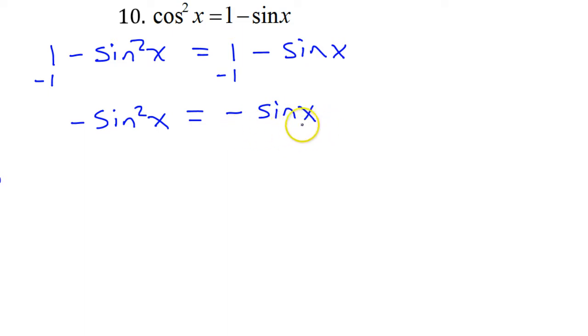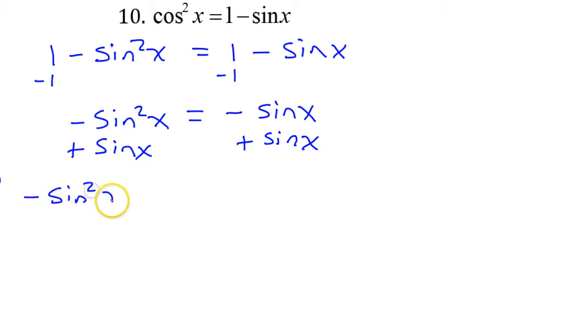Sine x will sometimes be 0, and you're not allowed to divide by 0. It destroys the universe. Instead, let us add sine x to both sides to get 0 on one side. So plus sine x. These are not like terms, so all I can do is write them side by side. So sine squared x plus sine x is equal to 0.